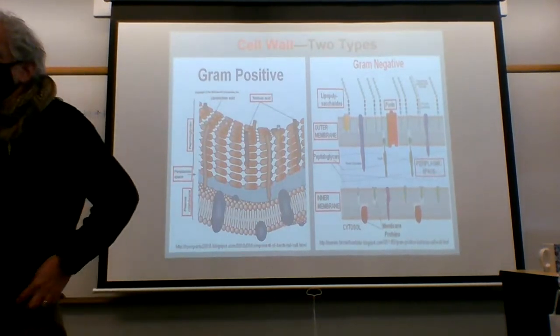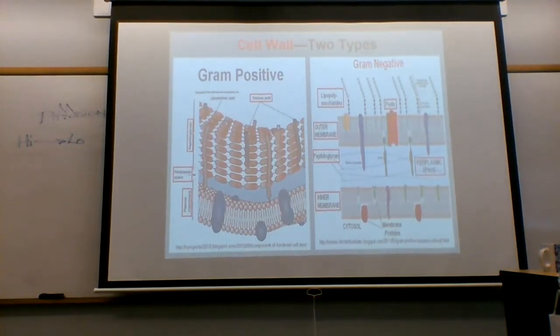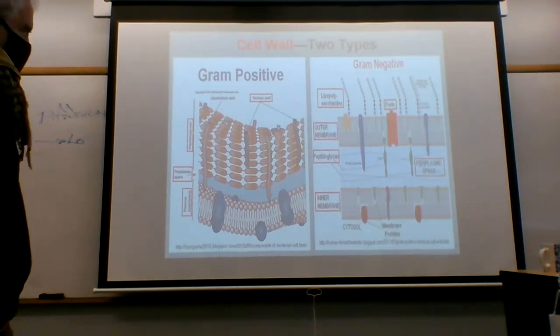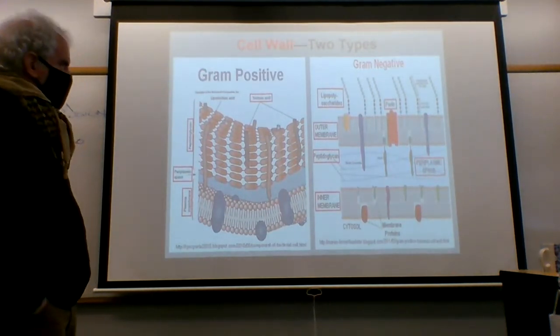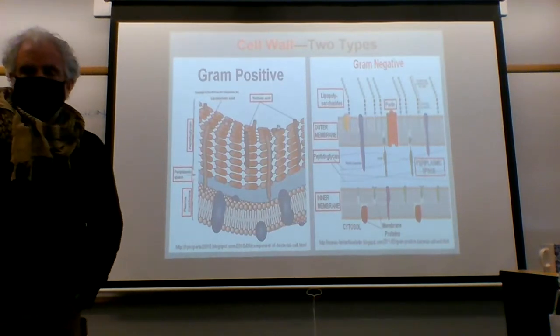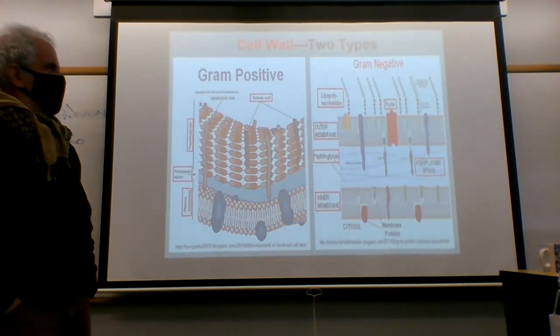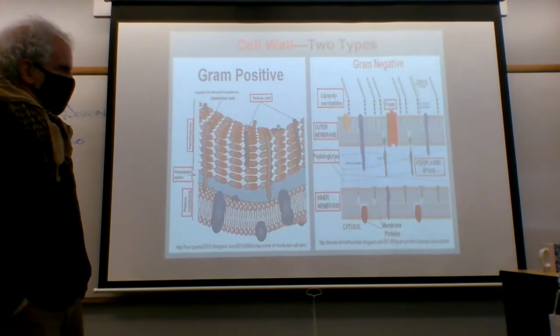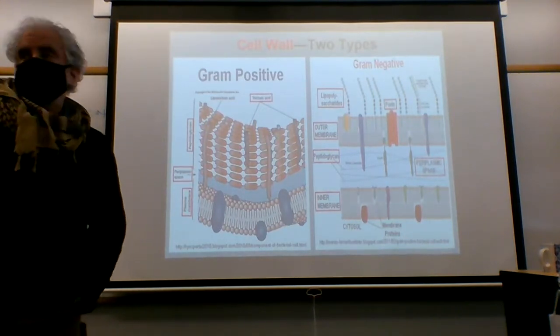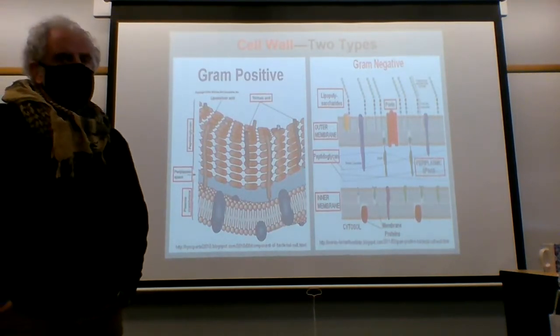So a plant cell also has the cellulose cell wall, and it's actually arranged very similar to this. So the gram-positive wall, man, that is a tough barrier. And so I'll just say from a molecular biology perspective, blowing apart gram-positive bacteria is a way bigger pain in the butt than blowing apart gram-negative bacteria. That said, the cell walls of both of them are pretty darn tough.